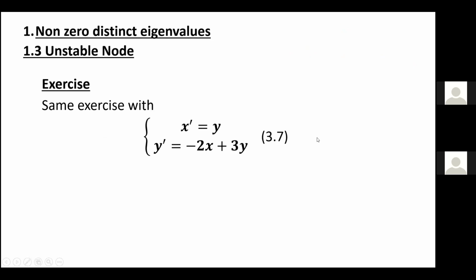So which means that the trajectories will be the same, but the direction is the opposite. So you just change your arrows to the other side. So instead of going towards 0 when t is going to plus infinity, you're going to 0 when t is going to minus infinity.